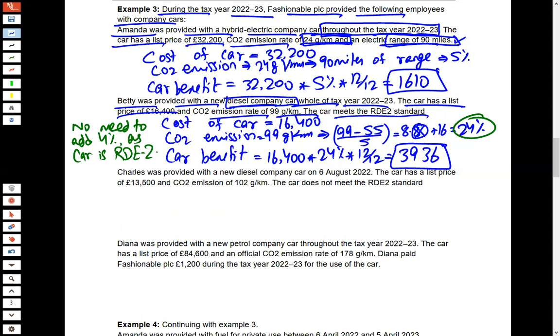The next is Charles, who was provided with a new diesel company car on 6th August 22. The car has a list price of 13,500 and CO2 emission of 102 grams per kilometer. The car does not meet the RDE2 standard. So here, cost of car is 13,500.